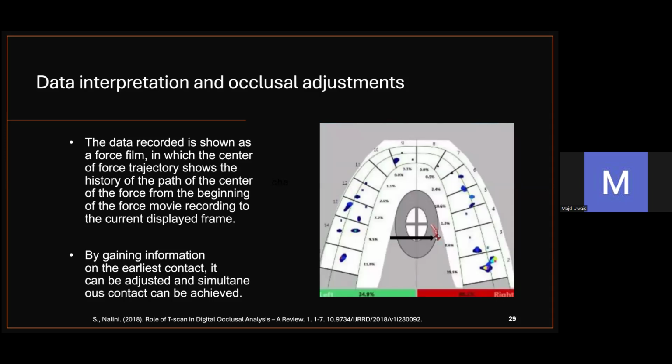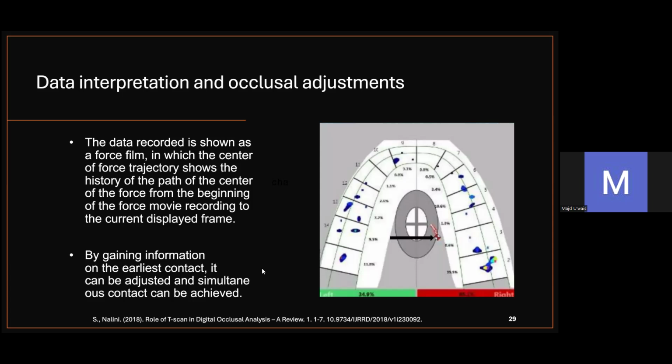Now, how do we interpret the data for occlusal adjustment? As you can see in this figure, there is a diamond shape. This diamond represents the center of force at a given time. And the tracing of the red path represents the path that the diamond moved during registration, which means you can know where the earliest contact or the interference is and adjust it accordingly.